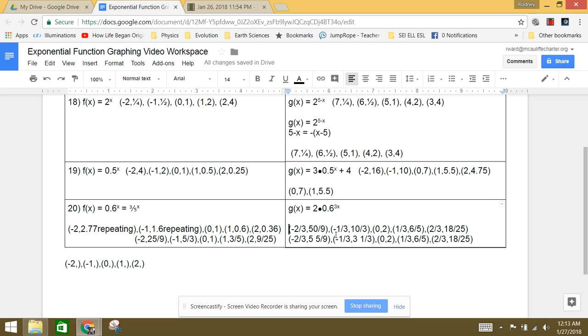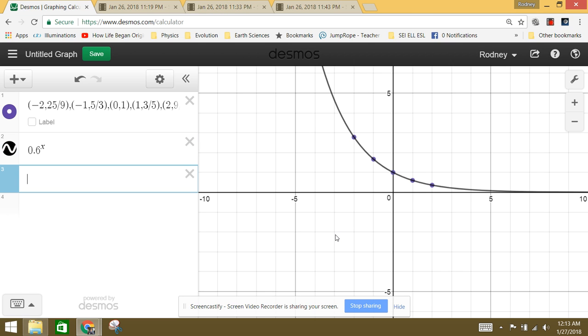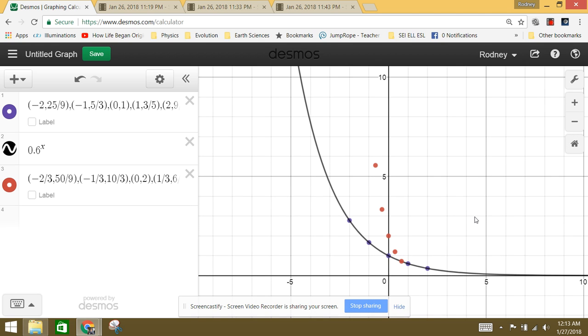So if I take this and copy it over into Desmos, I've got this set of points. There are two big things happening here. One is all my x values are 1/3 their distance from 0, so everything has been squished towards the y-axis.